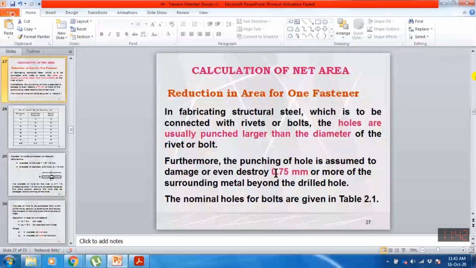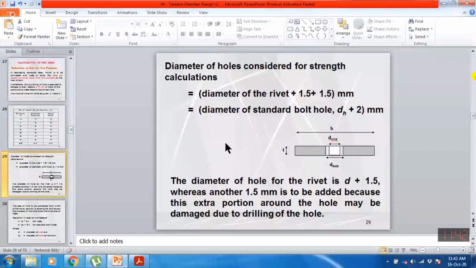So in that case, the diameter of the hole that we are punching will be equal to the diameter of the rivet plus 3. So in this way we can compute. So the diameter of the hole for a rivet is D plus 1.5, where another 1.5 millimeter is to be added because the extra portion around the hole may be damaged due to the drilling of the hole.